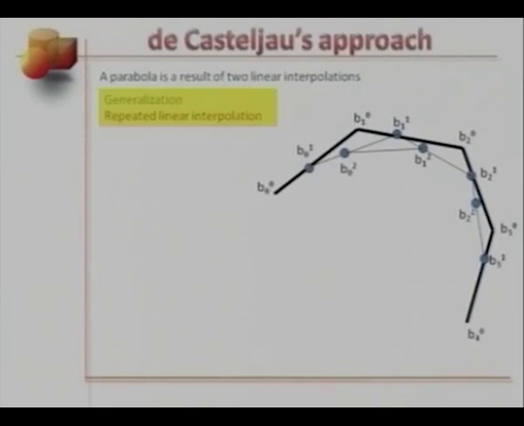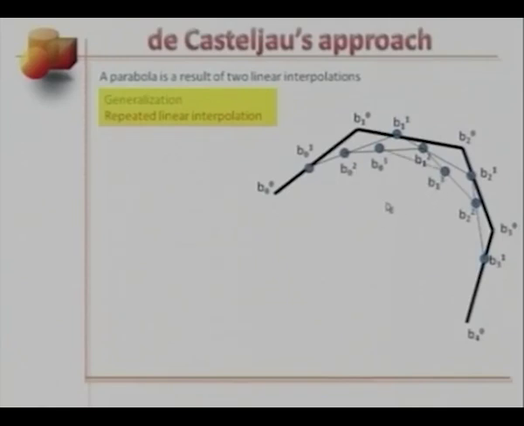We join these 3 points and continue with linear interpolation. This point here is B sub 0, 3, representing the first point of stage 3 linear interpolation. This point here is B sub 1, 3.